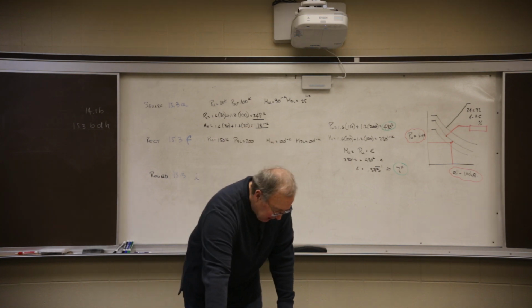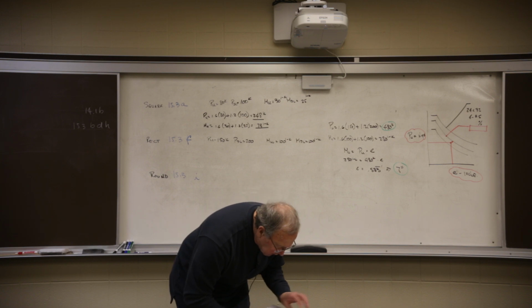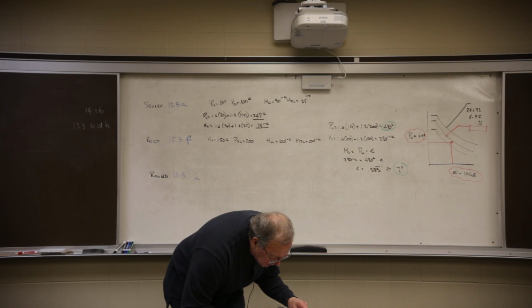See if you get the same thing I did. 480 and 7. 480 is almost 500, and 7 is halfway between 6 and 8. Okay, I'm going right here, and I'm going to follow that up.